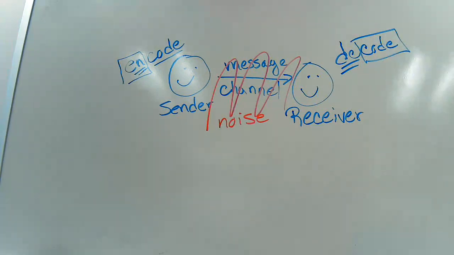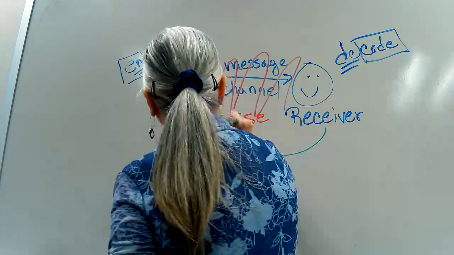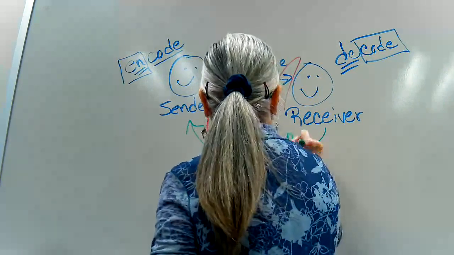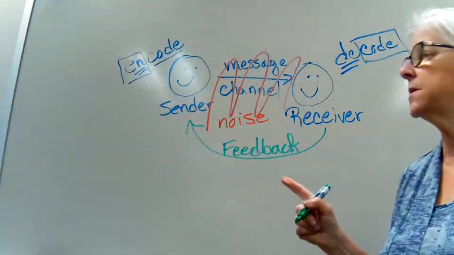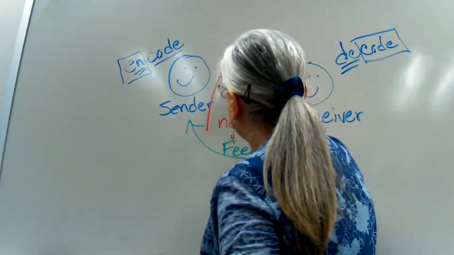The number one difference in the first two models is what's called feedback. At that point, it's not just linear anymore. We're going to call this linear.